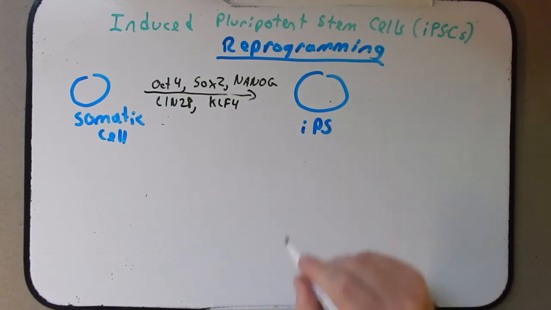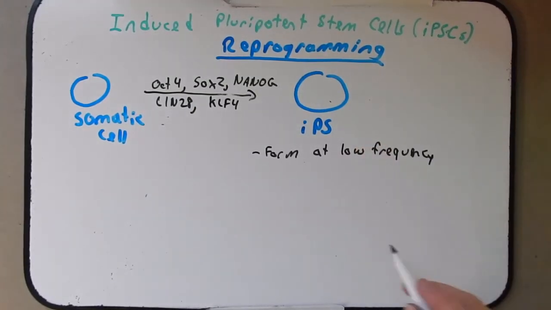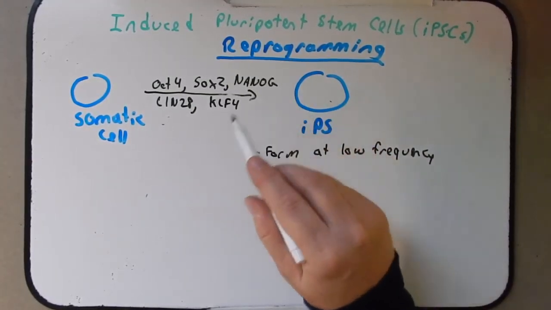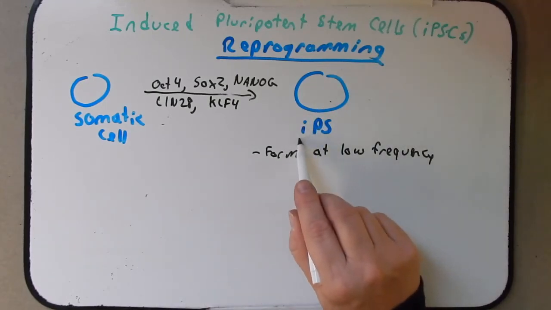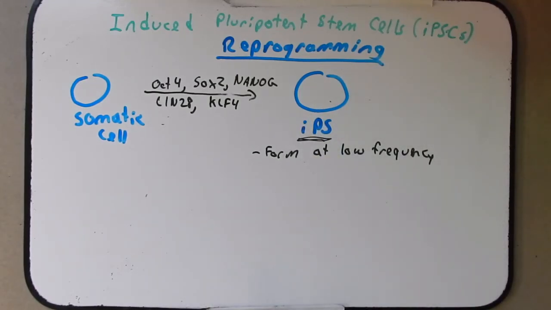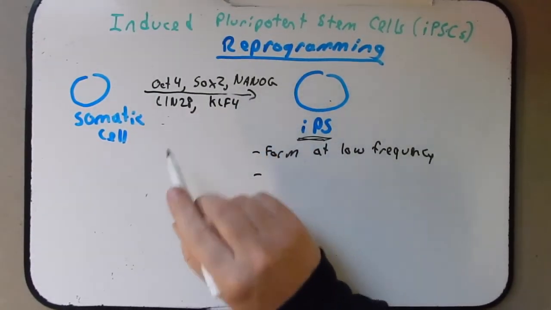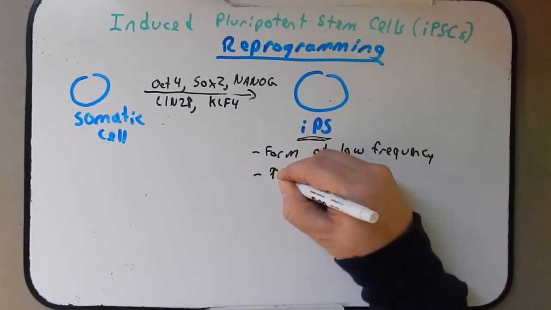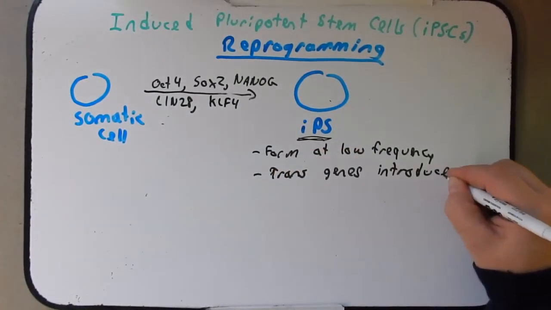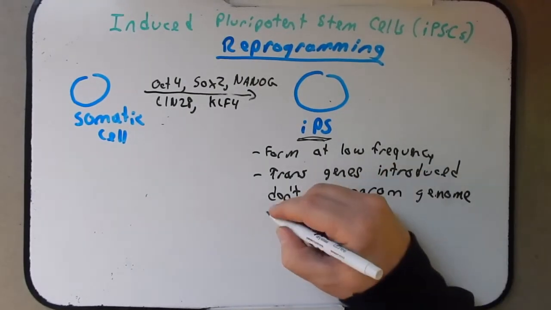We know that these iPS cells form at low frequency. Of all the cells that get this retrovirus, only a few of them actually become an iPS cell. Most of them die. This suggests that the transgenes introduced into the somatic cell don't reprogram the genome universally.